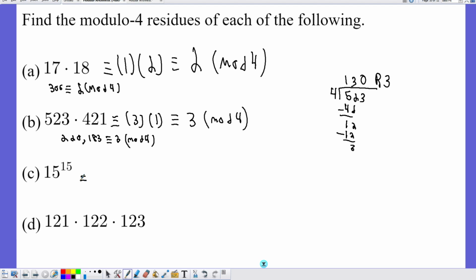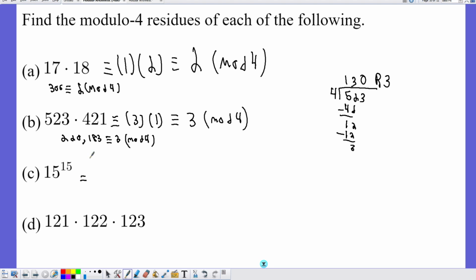Well, your instinct might be to go, alright, 15 divided by 4, that's going to be 3 with a remainder of 3.